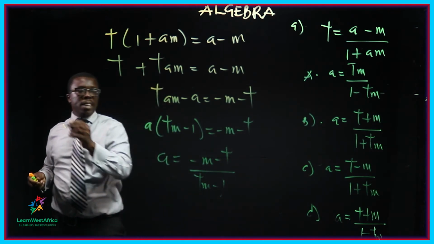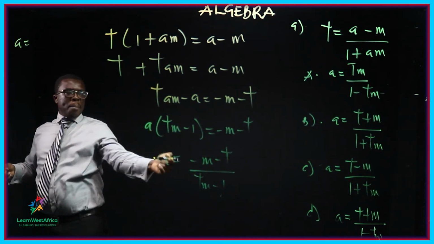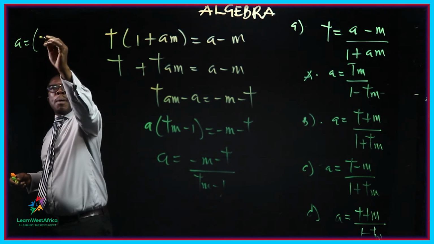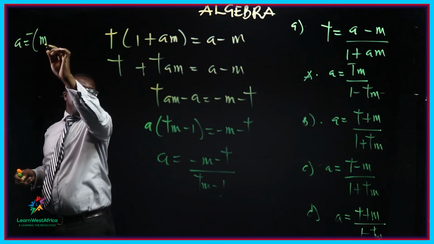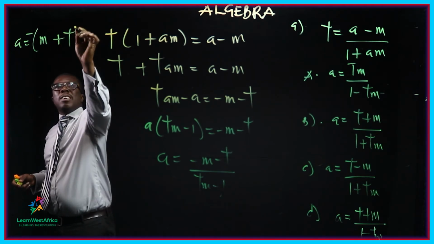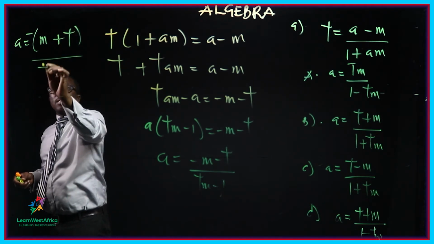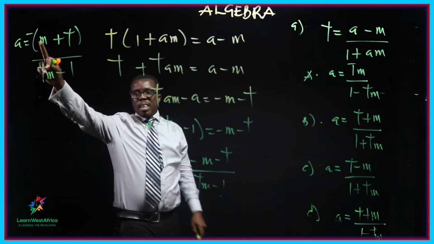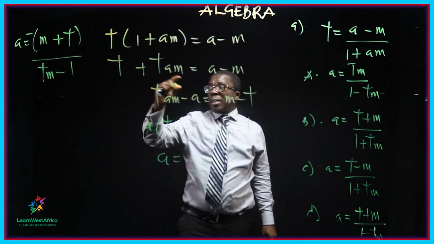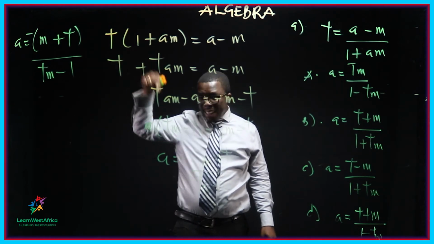Your a is going to look like minus, open bracket, m plus t, close bracket, all over tm minus 1. Anytime I factorize a negative, the negative changes the signs inside the bracket.